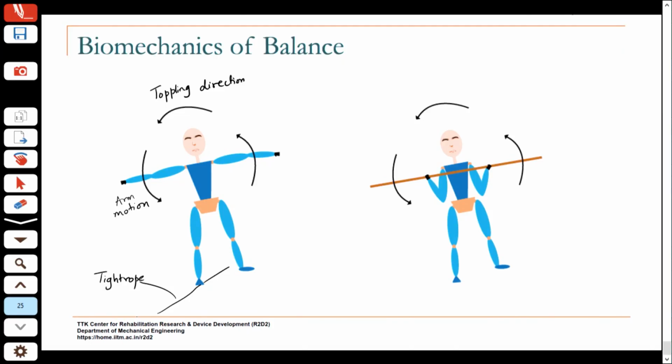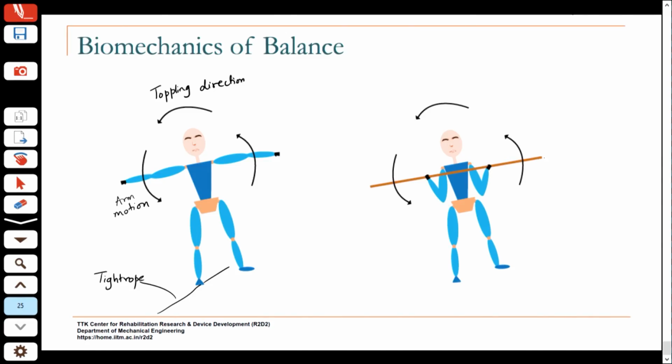So, what they do is, many of them carry a heavy pole. What that does is, this pole has a high moment of inertia. With the arms, you would have to start rotating them very fast to transfer the angular momentum to the arms. With the pole, because it has a high moment of inertia, you can give it a small angular velocity, and that will help to maintain your balance.